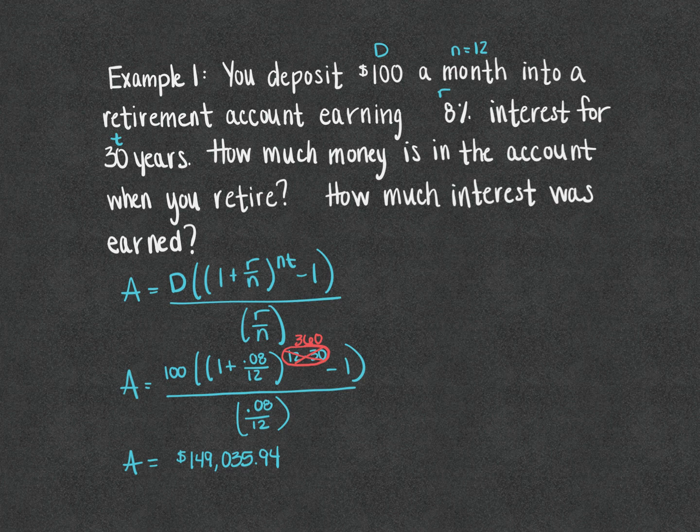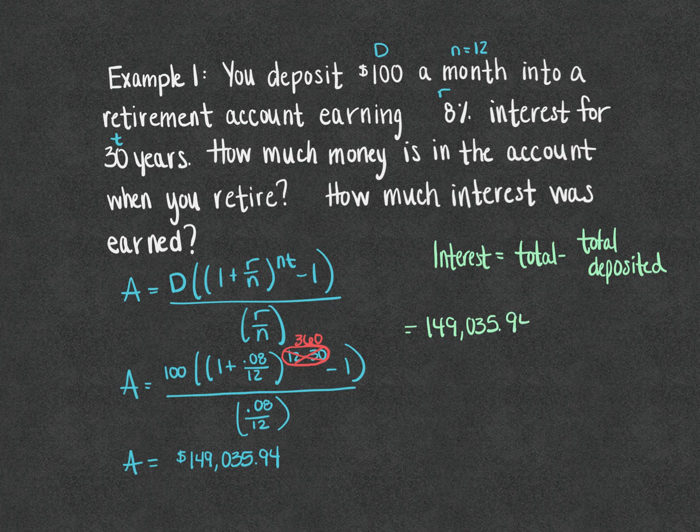The second part of this question, though, says how much interest was earned. So interest, remember, is the total in the account minus what we put in. So it's the total minus the total deposited. The total in the account is our $149,035.94.